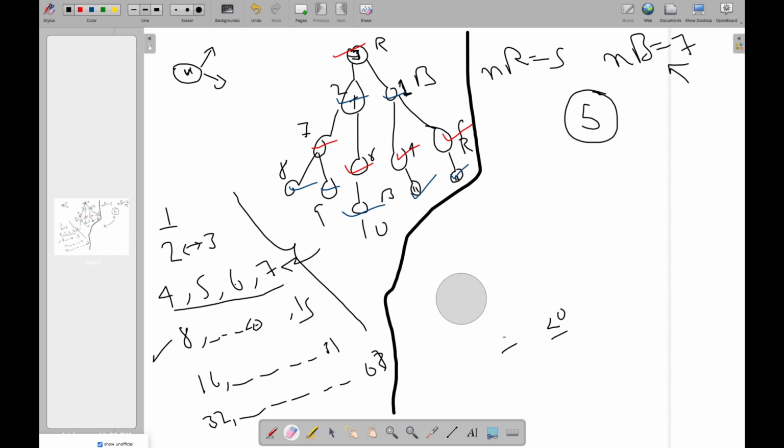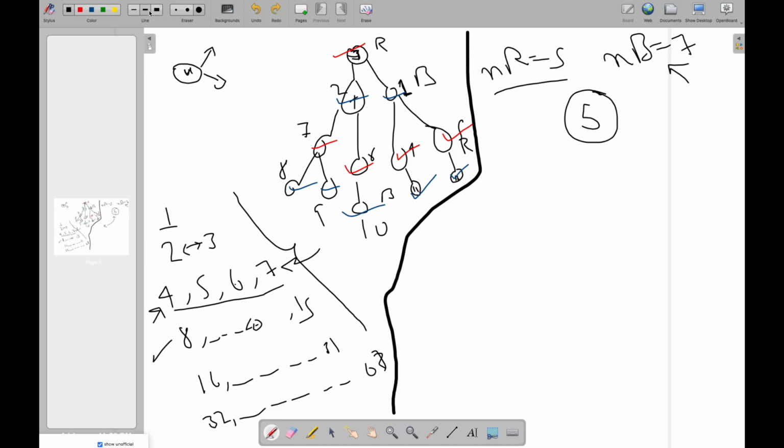So what we have to do now, obviously, is take the greatest set which has size less than or equal to n r, and then we put these values into the vertices of this set. Okay, so I put 4 here.